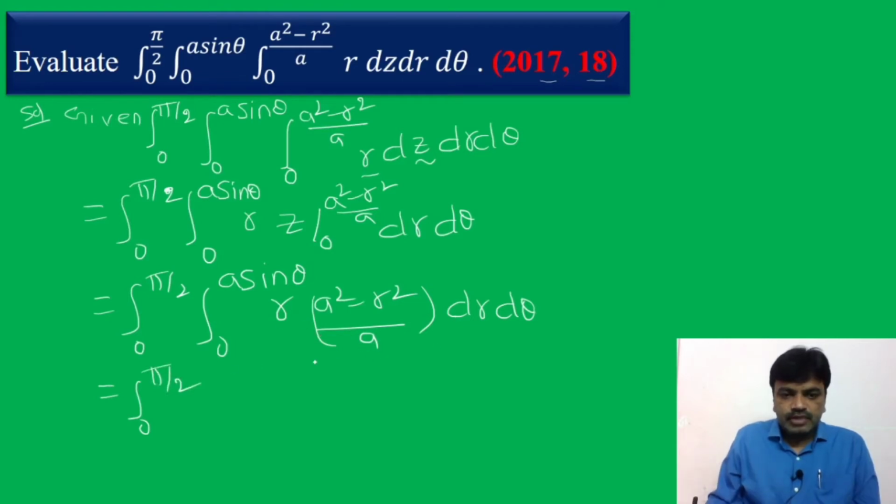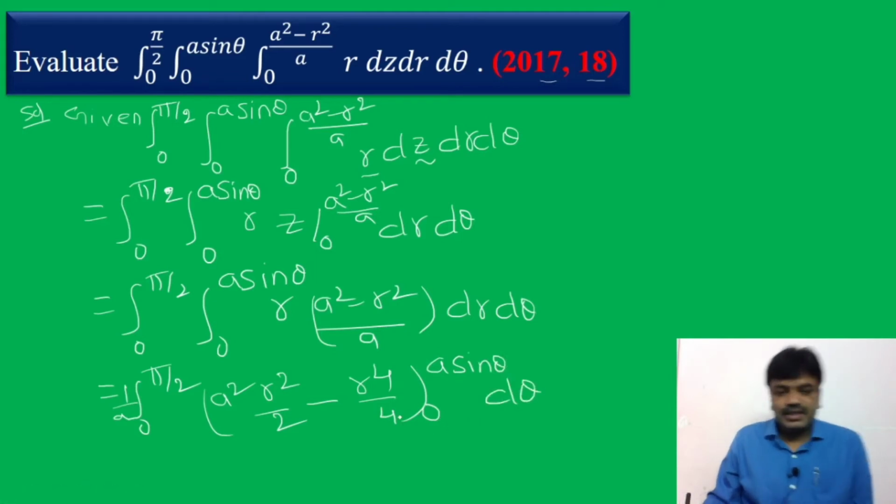So here we have 1 by a, which is constant, so write it outside of the integration. So a square into the integral of r dr gives r square by 2, minus the integral of r into r square, that is r cube, and the integral of r cube dr is r power 4 by 4, between limits 0 to a sin theta, into d theta.